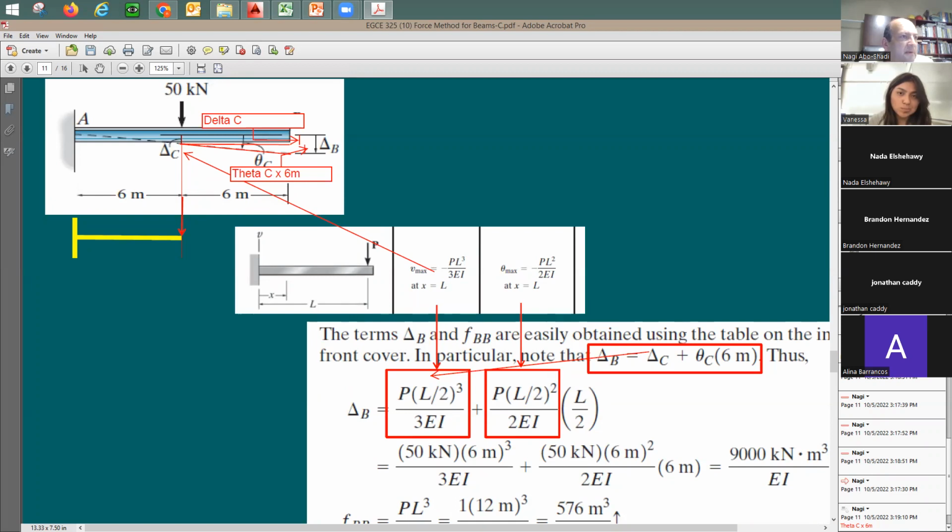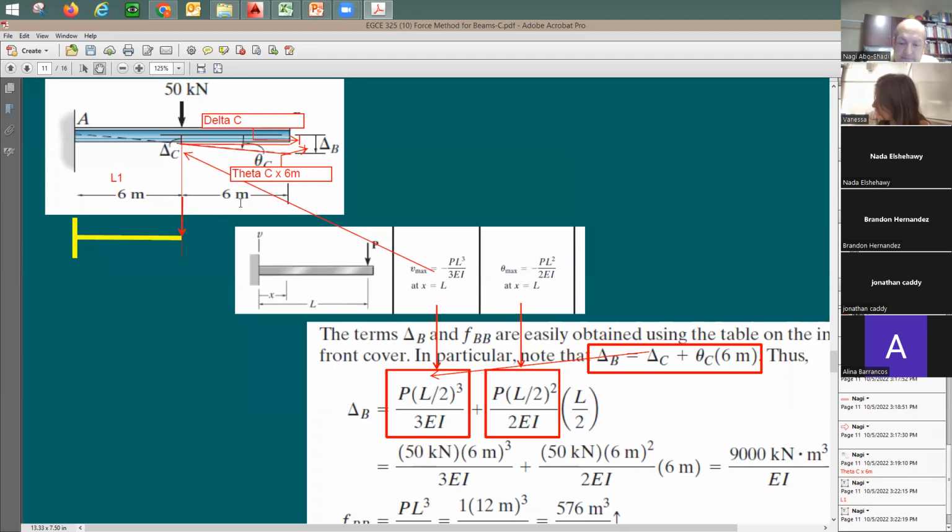Let me rename this. I'm gonna call this L1. Are you okay with that? Yeah. Okay. And this section of the beam, I'm gonna call it here L2. It just happened in our example that L1 and L2 are the same, right?